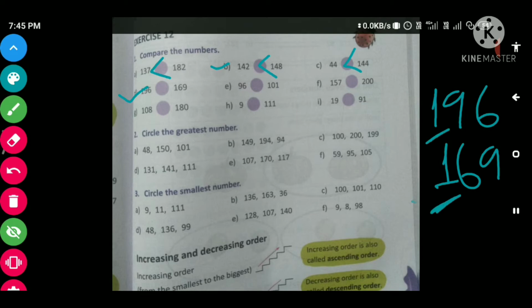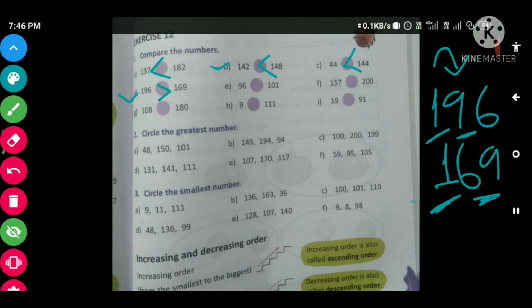Here in the 100 place both have 1, right? So we'll see the next place. What is the next place? The tens place. In the tens place, one has 9 and the other number has 6. So 9 is greater than 6. That means which one is the greater one? This one. 196 will be the greater one.